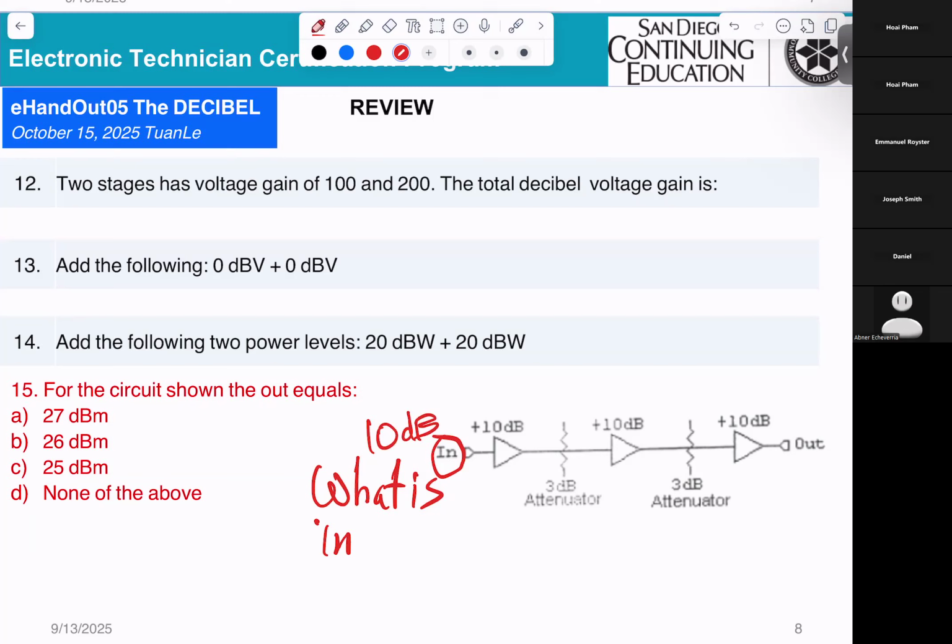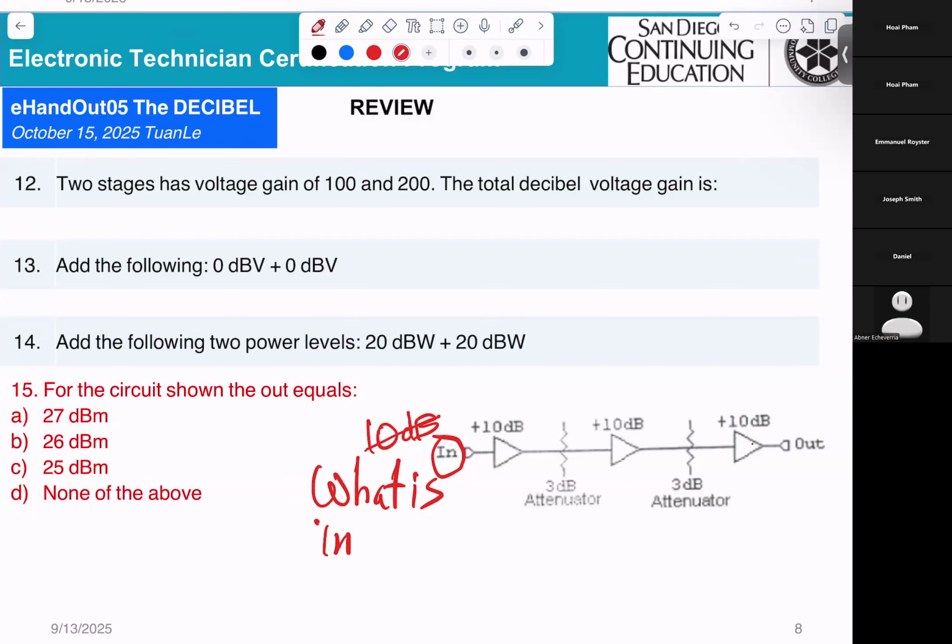And now you increase 10, 37, right? And you lose 3, that would be 34. So basically, I need to look at the input here, not the 10 dB. We'll correct that.